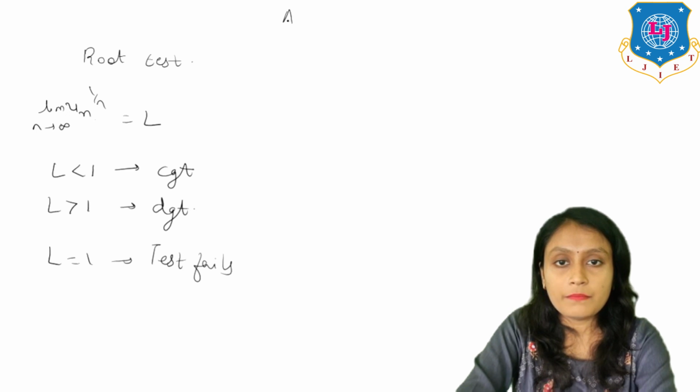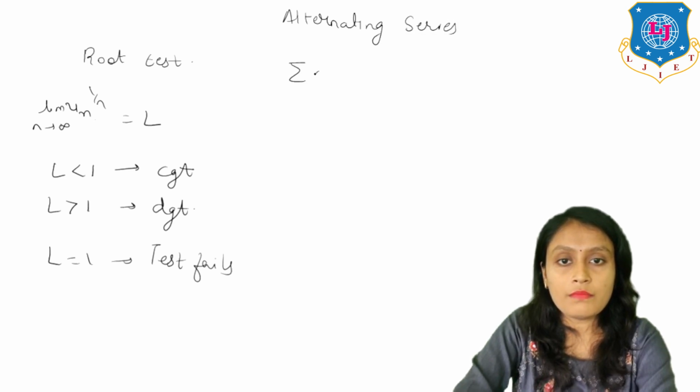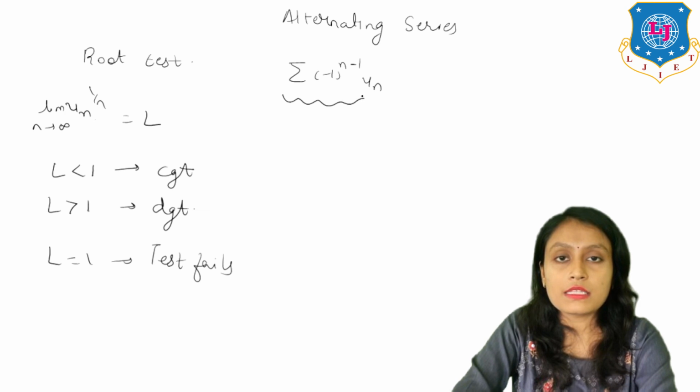Next we studied alternating series. Here we have series of the form (-1) raised to n minus 1 un. Here the terms are alternating plus and minus, right? So such series are known as alternating series. And to solve the alternating series, we will use Leibniz test.